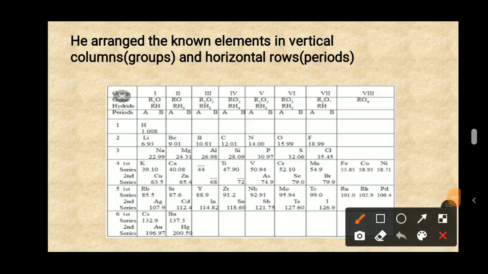Here also it is 72. Here also he kept a gap. So gaps are kept for the undiscovered elements, so that after the discovery of the elements, scientists can fill the elements into that gap. So that is a main success of the periodic table.